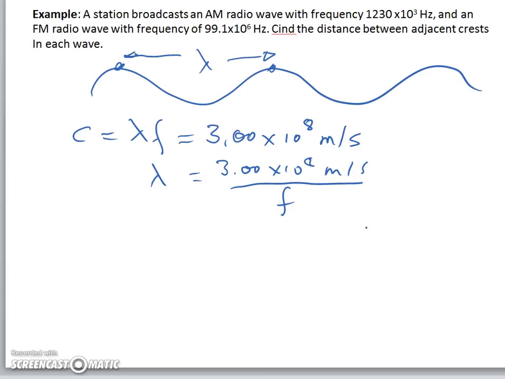So this is just direct substitution, and we don't even have to make any changes in units because the two frequencies have been given to us in hertz.